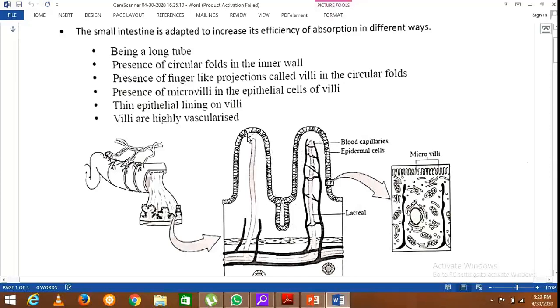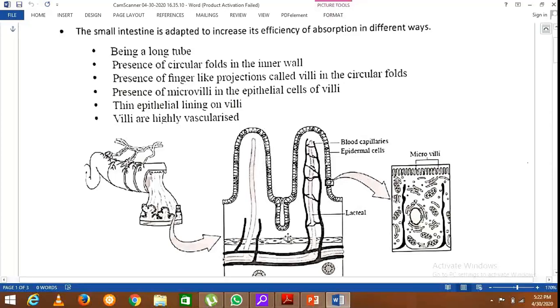And this epithelial lining is a thin layer, and as a result of it, it is easy to absorb the digestive end products into the villus.